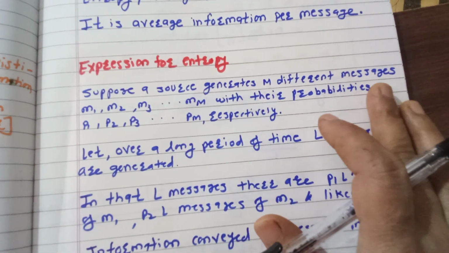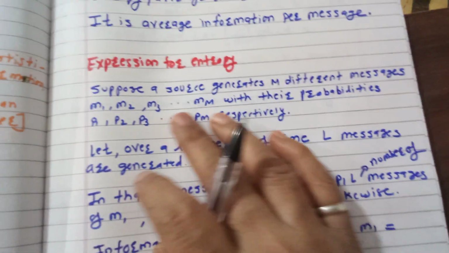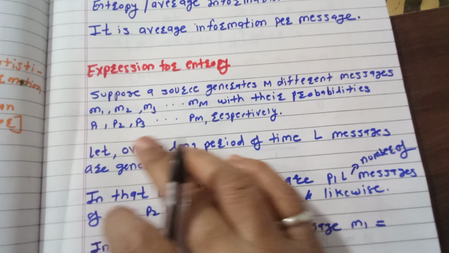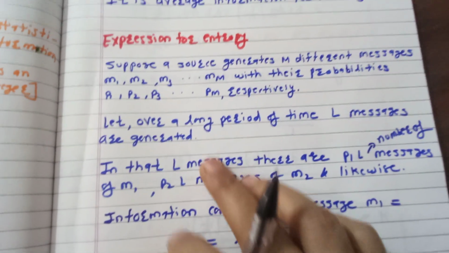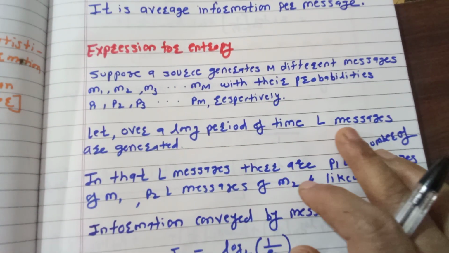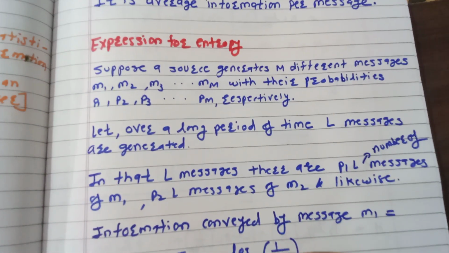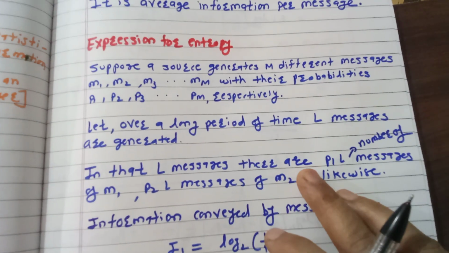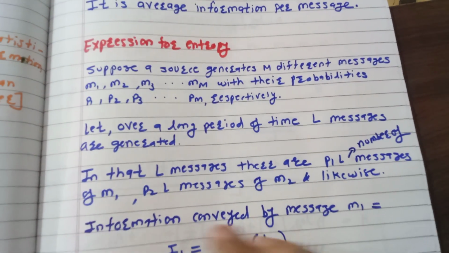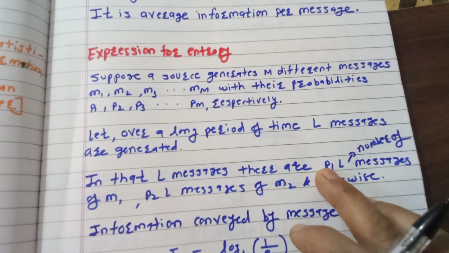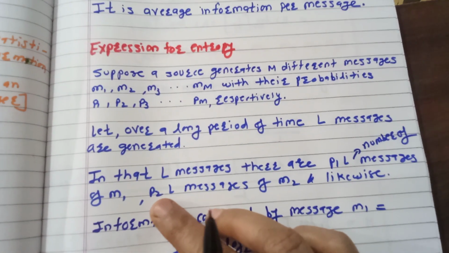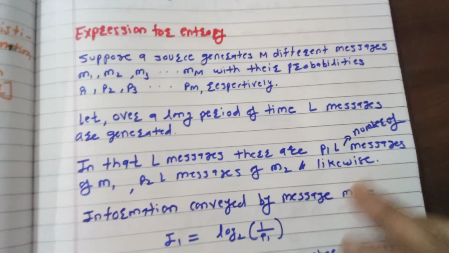Suppose the source generates M different messages, M1 up to MM, and their probabilities are P1 up to PM. Next, over a long period of time, L messages are generated. In that L messages, there are P1 L messages of M1, because of the probability of M1, and P2 L messages of M2, likewise.